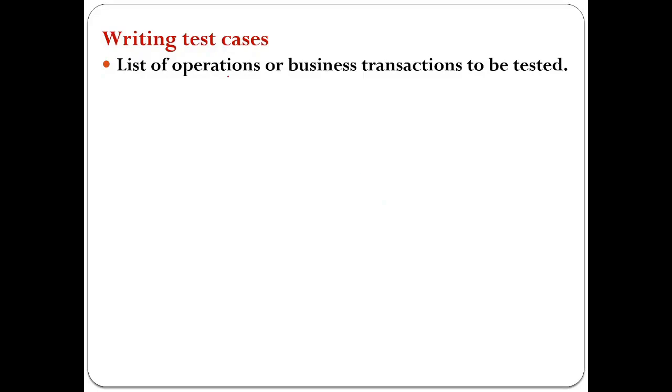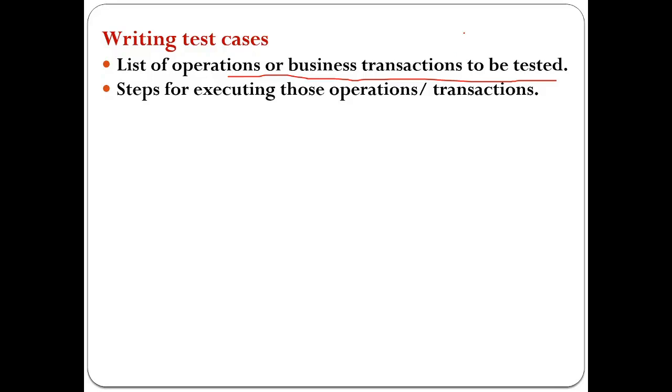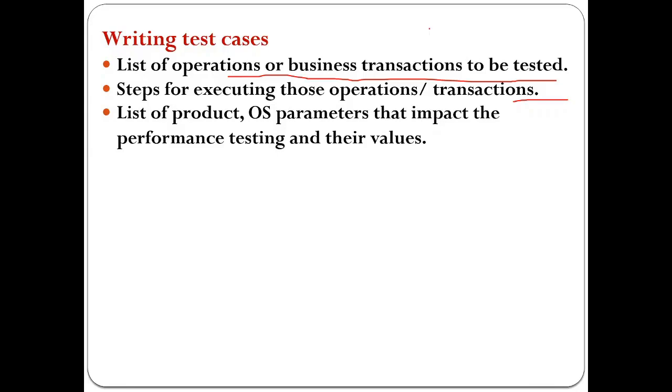So for writing test cases, first of all you need to list operations or business transactions to be tested, steps for executing those operations, transactions, then list the product parameters, operating system parameters that impact the performance testing and their values.